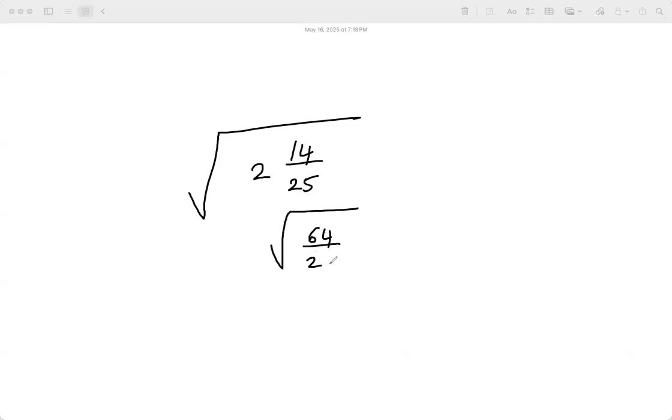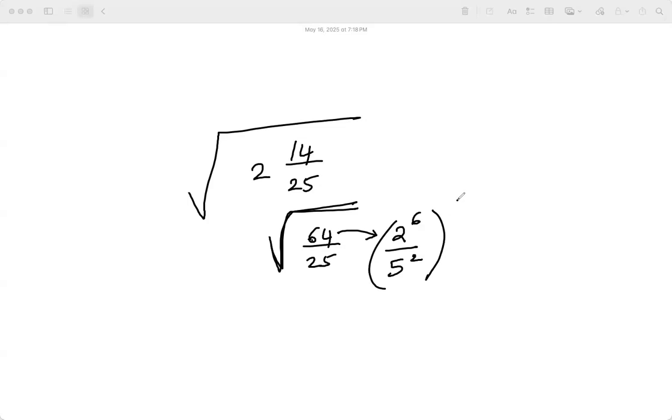How about this? The square root of 64 by 25. How did you simplify, guys? 64 by 25, right? Express it as a power: 2 power of 6 over 5 power of 2. Now this radical, I can convert it to what?